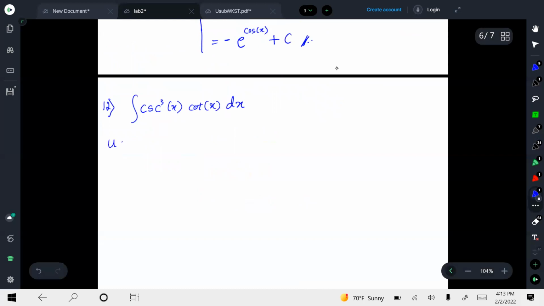Now I will take u as cosecant cube x, because it has the highest power. If I minimize this, then I can easily solve the integral.